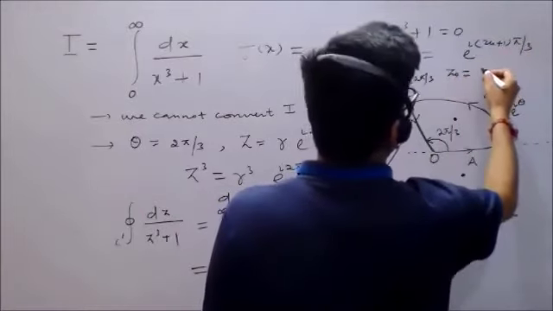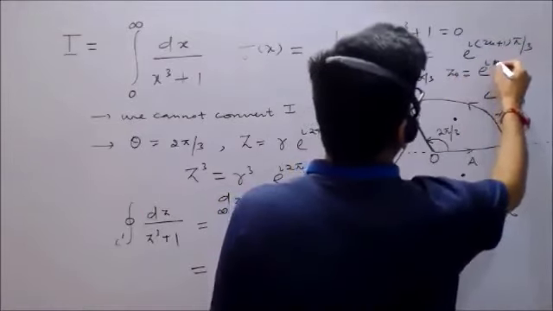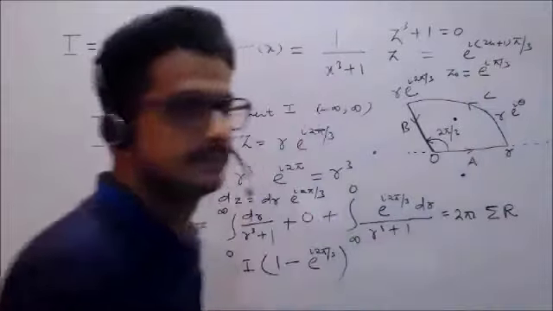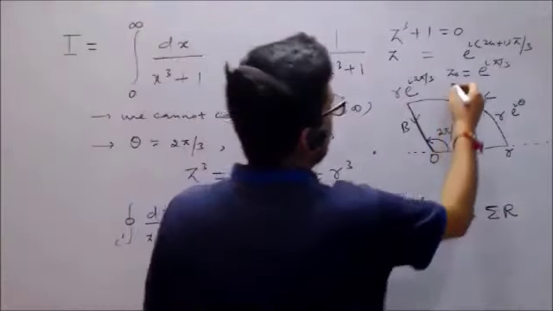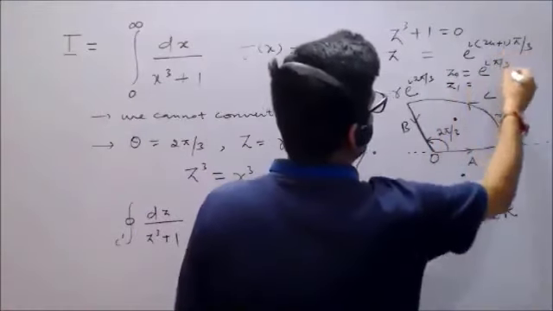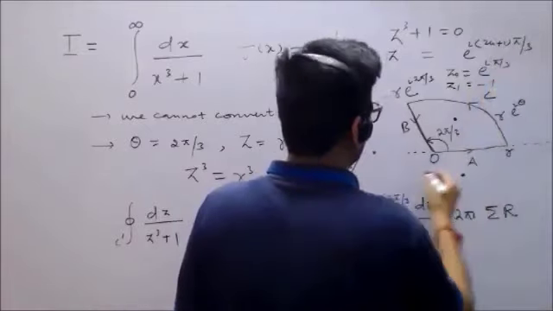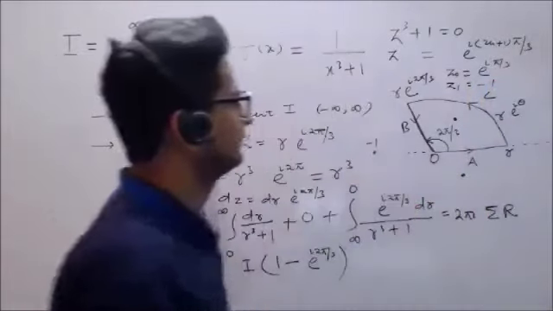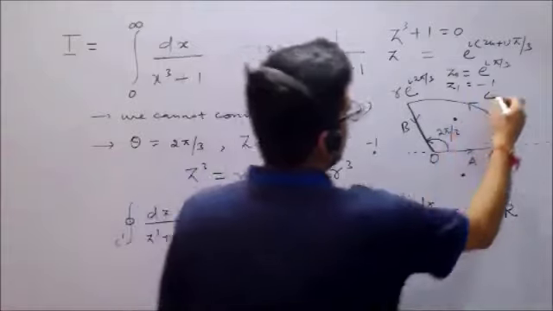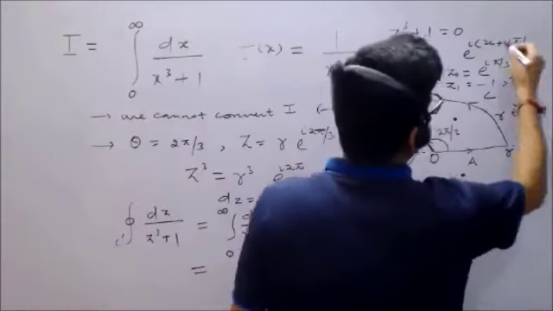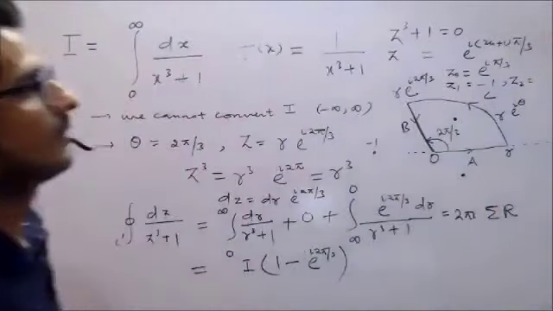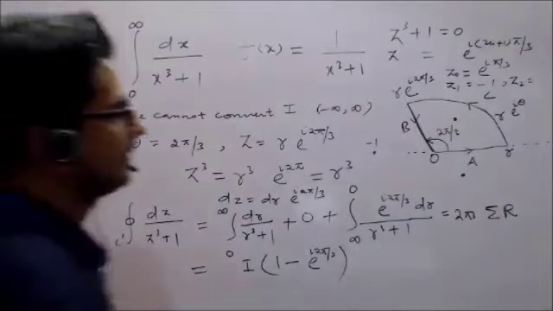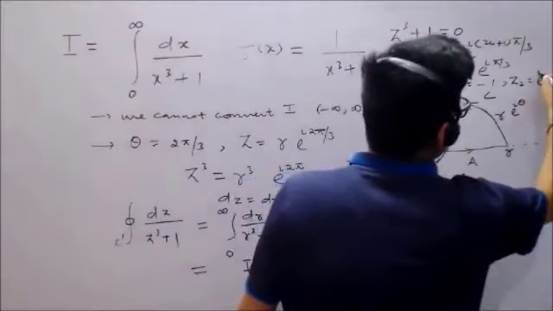What will be Z0? E to the power I pi by 3. What will be the value Z1? Bolo bhai. Minus 1. So this value is minus 1. And Z2. Put the value 2. 5 pi by 3. Correct?